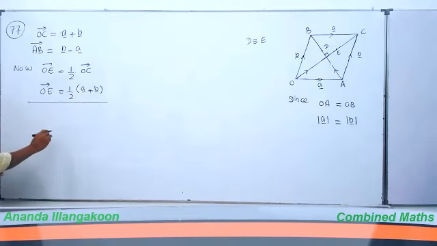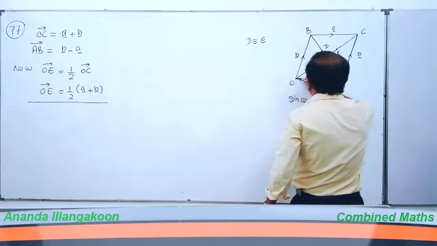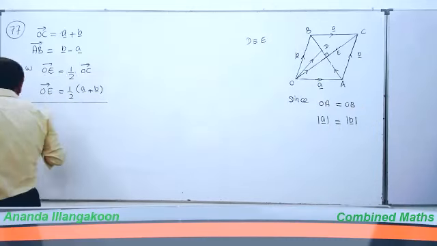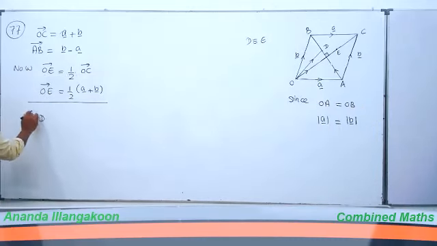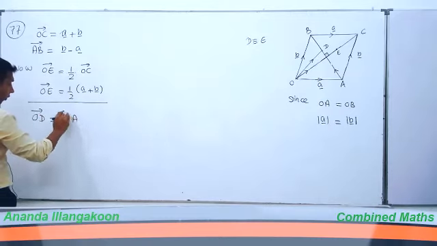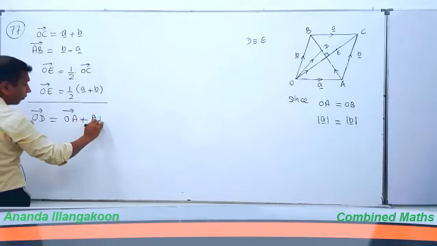People, I am going to write the OD vector. Tell me what is the OD vector? OD vector is equal to OA vector plus AD vector.